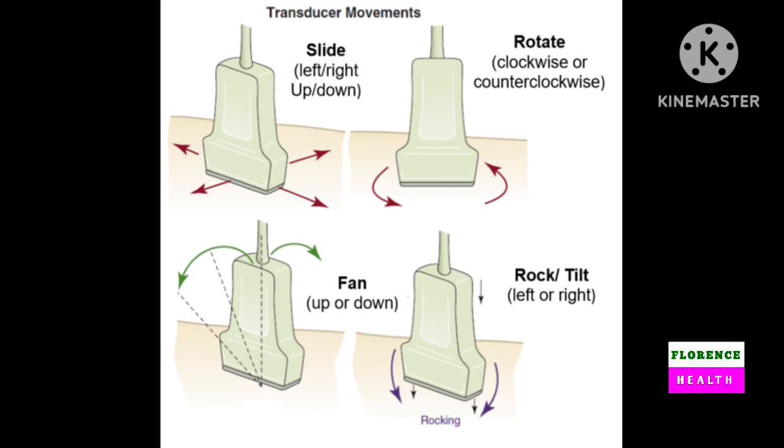Now come to sliding movement. Sliding is done along the narrow axis. Sliding is also done along the broad axis of the probe. By sliding movement, it brings the target structure to the middle of the screen. During sliding movement, you should keep the probe perpendicular to the abdominal wall and your movement should be slow and steady.